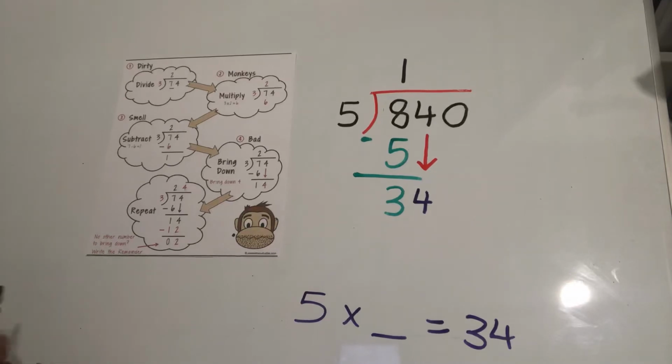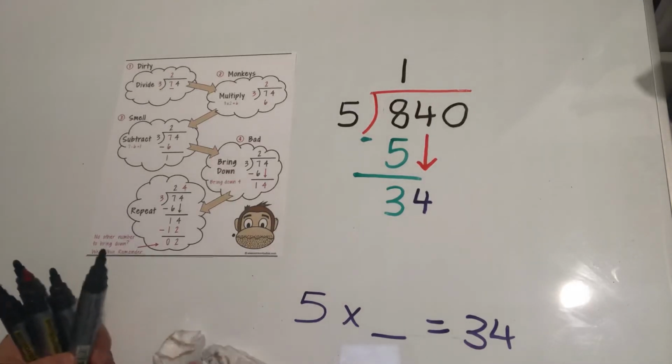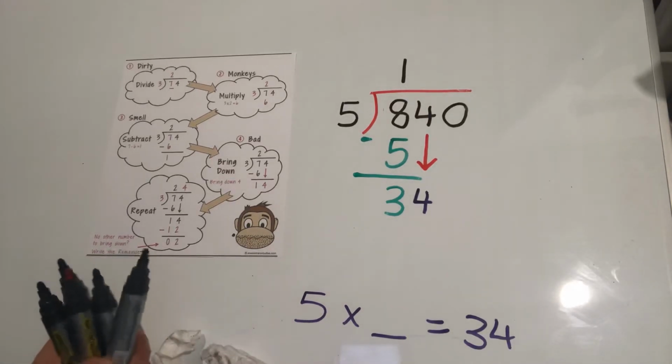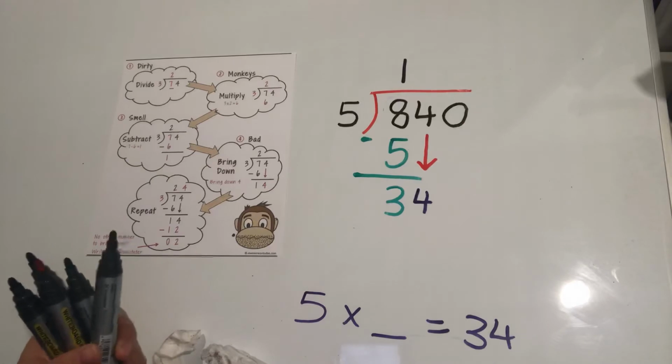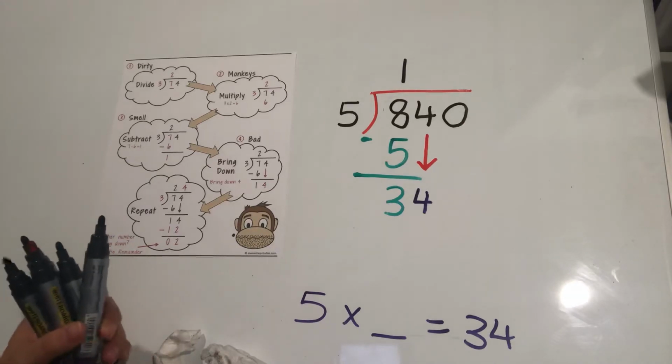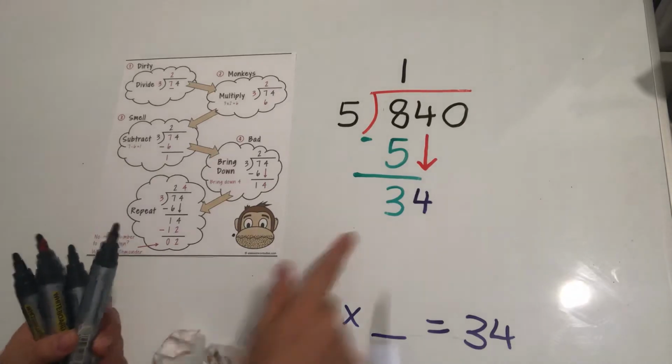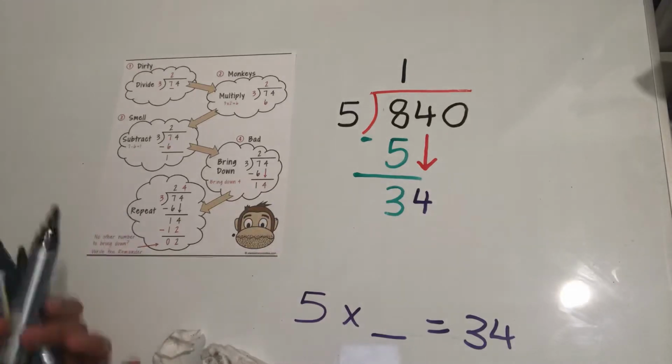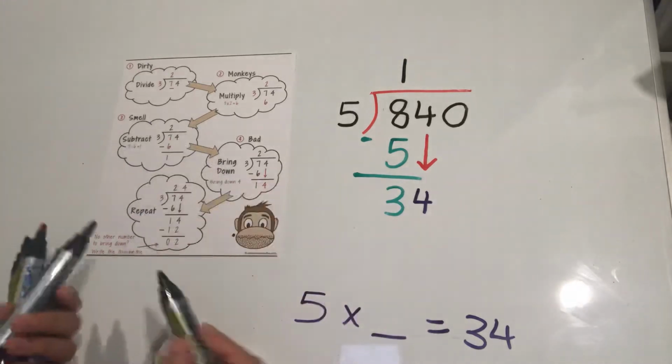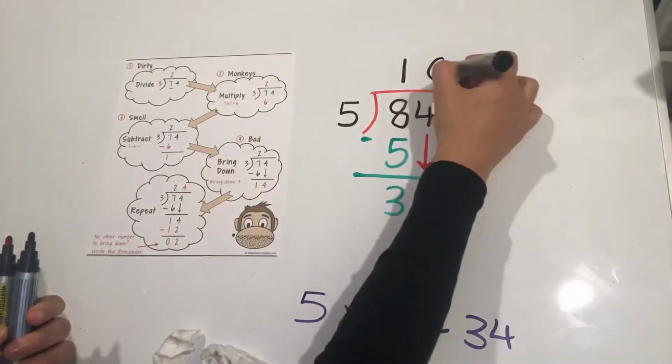We can't go over it though. So I know that 5 times 6 gives us 30. And if I was to add one more 5 to it, it would give us 35. So I can only go to 6. So 34 divided by 5 is 6.